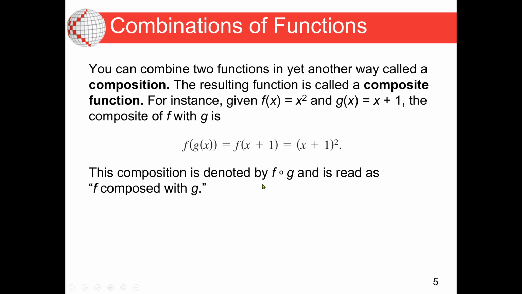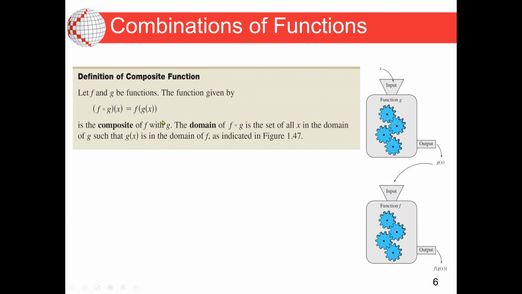And normally we use the notation f, open circle, g. Here f open circle g means f composite g, or f composed with g. So this is the concept definition of a composite function. Here we say let f and g be functions.